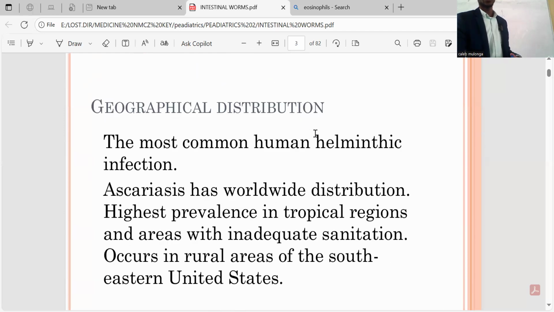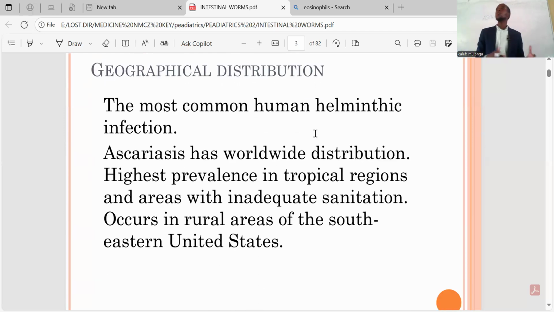So that is the definition. With these conditions, we can say they are mostly common in areas that experience warm climates, hot and wet. That is why they are very common in areas such as the southern part of Africa, or basically Africa as a whole, because these areas are warm.